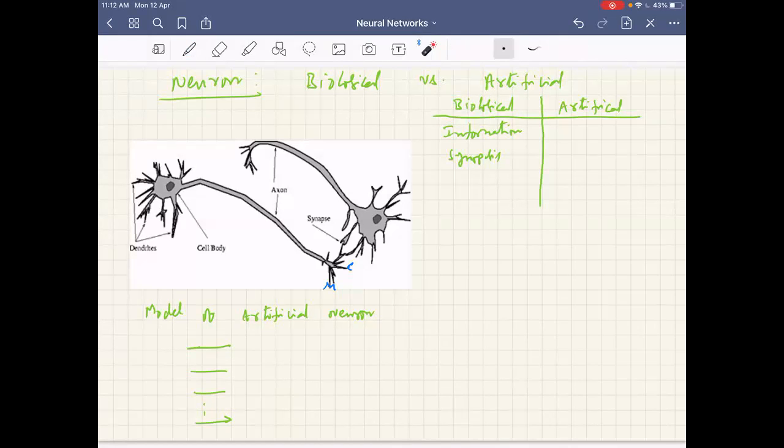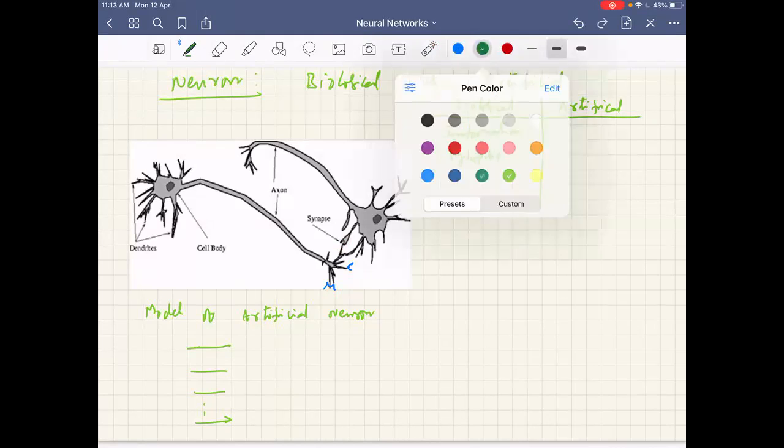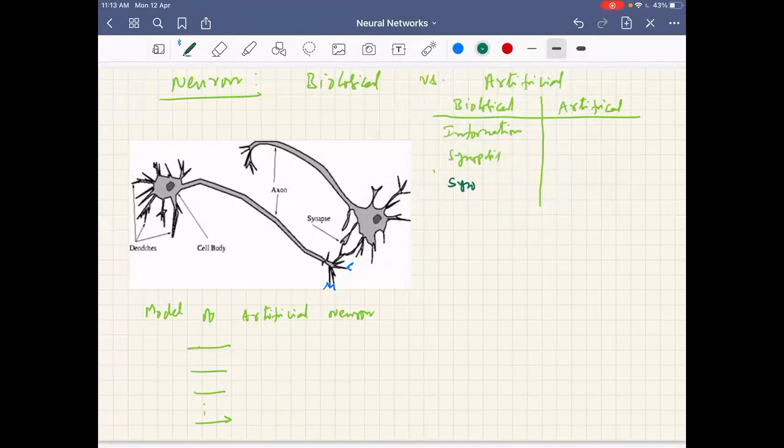Each of these connections will have different strengths with which they get connected. So the first thing is the information from the synapses, which we will see later. The second thing is synaptic strength. What I'm conveying is that the synaptic strength is different for each of the synapses.